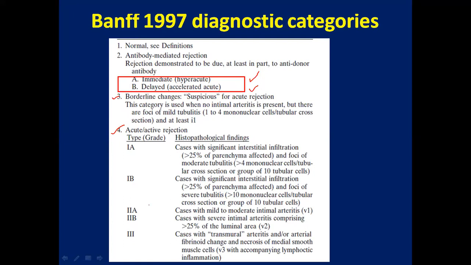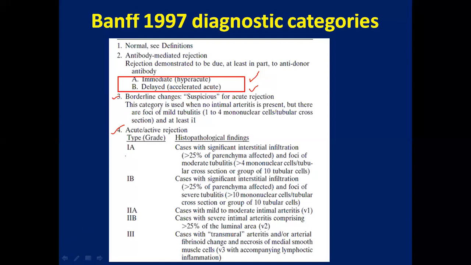And the tubulitis, if it is mild, that is T1, that means 1 to 4 lymphocytes in one tubular cross section. 5 to 10 lymphocytes is moderate tubulitis, and severe tubulitis is more than 10 lymphocytes, or if there is tubular destruction.